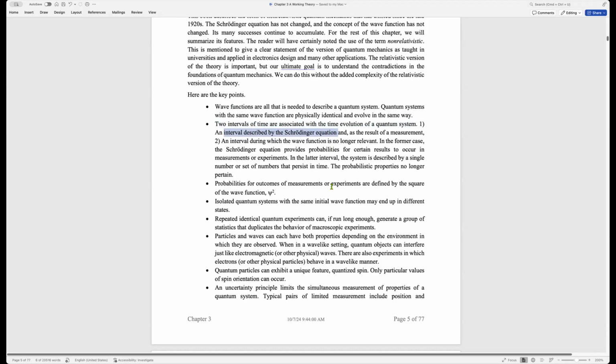And from that, we get the probability of certain outcomes from measurements we might want to make. But as soon as we make a measurement, we enter a brand new interval in which the wave function disappears and we just have a single value for the result.